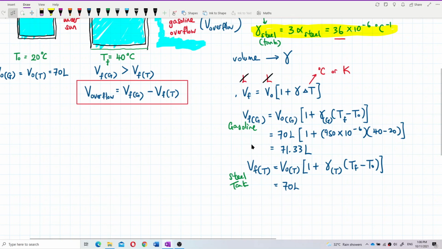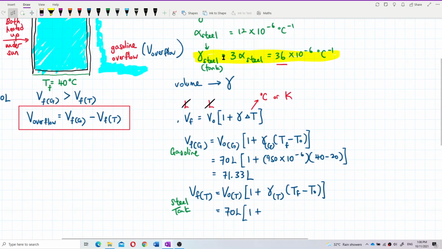Then 1 plus the gamma for the tank. Gamma for the steel tank is 3 alpha, which is 36 exponent negative 6. And then the final temperature, 40 minus 20. Let's find the final volume of the tank.